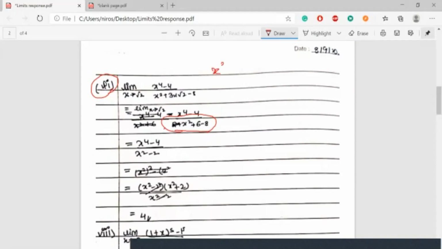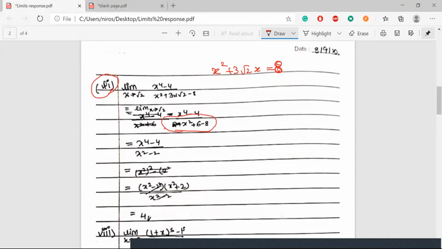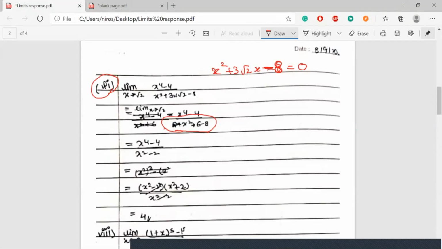We have x square plus 3 root 2 into x minus 8, right? Now factorize this, because the only way for doing this question is by doing factorization itself. So minus 8 equals to 0. How to factorize this one? By using the middle term split method, we can find it.